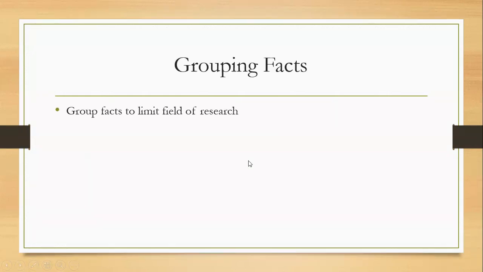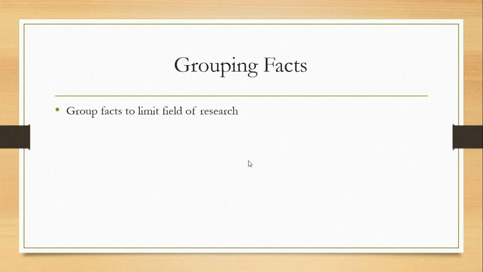Let's see how. So grouping facts. Why should you group the facts? As a researcher or as a historian, when you have a lot of data, it can be very confusing. In the case of Aurangzeb, there will be some information about Marathas, some information about the Deccan, and information about Wazirs and Aurangzeb. So there is a lot of data.